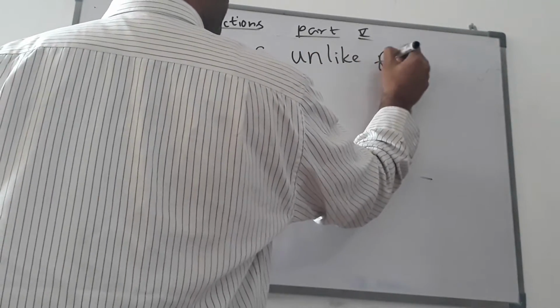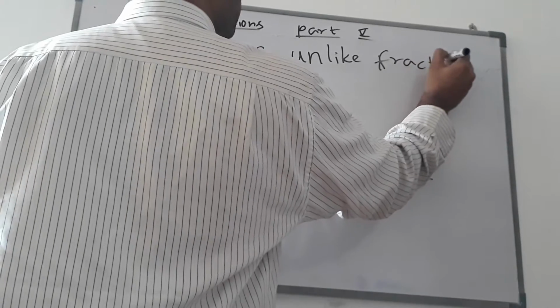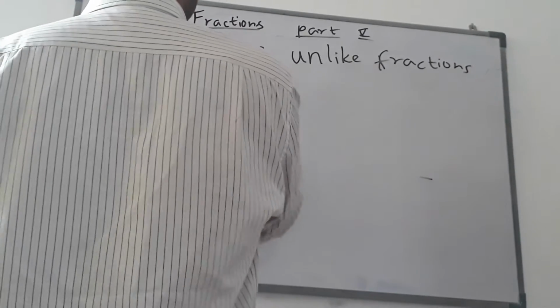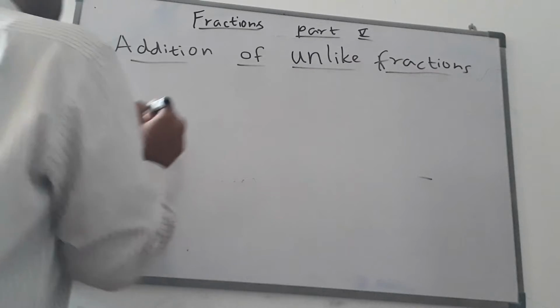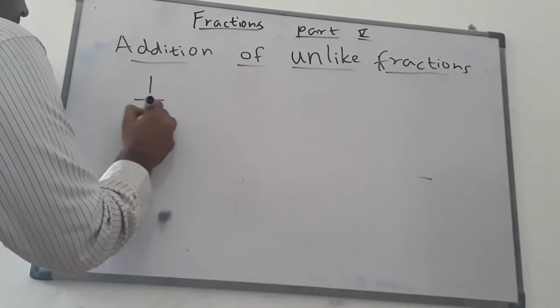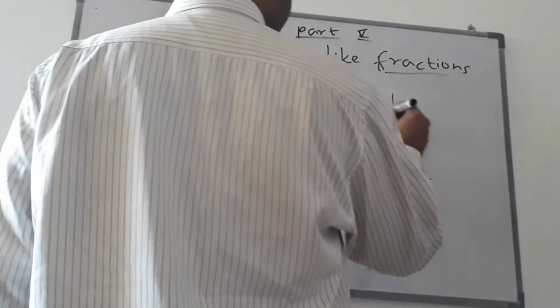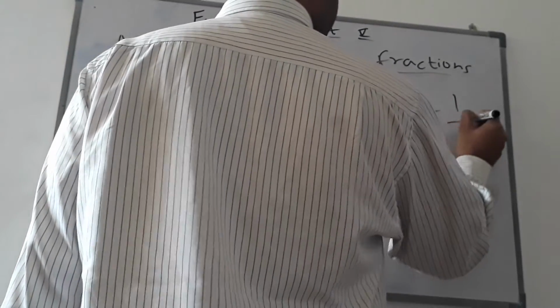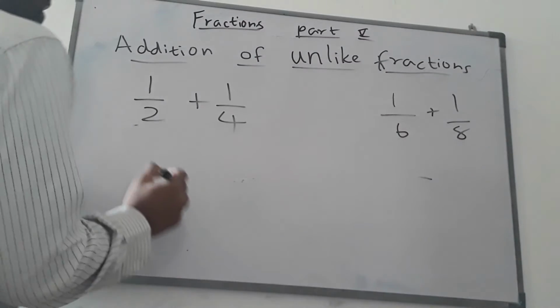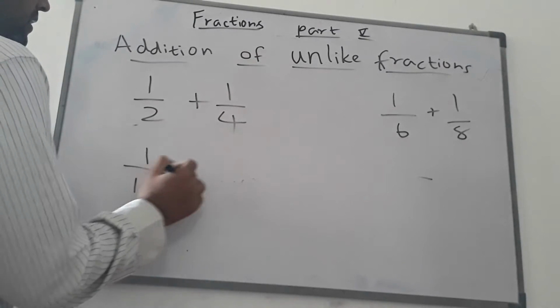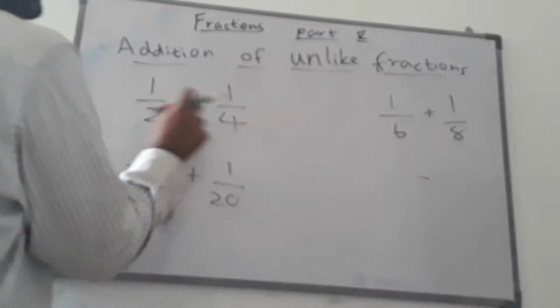What are these unlike fractions? Unlike fractions means, for example, fractions with different denominators, where 2 is different from 4, or 6 is different from 8, or 10 is different from 20.